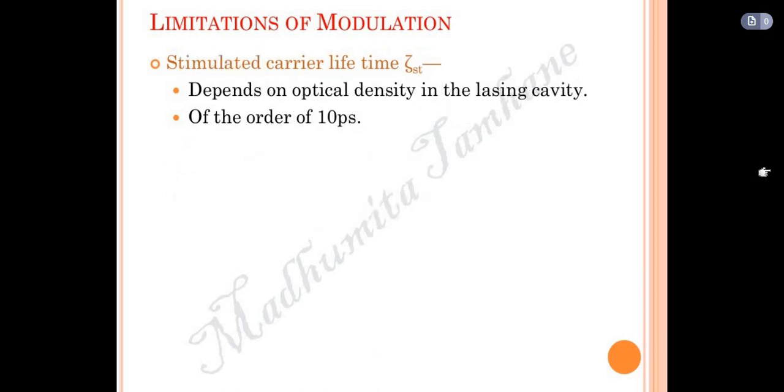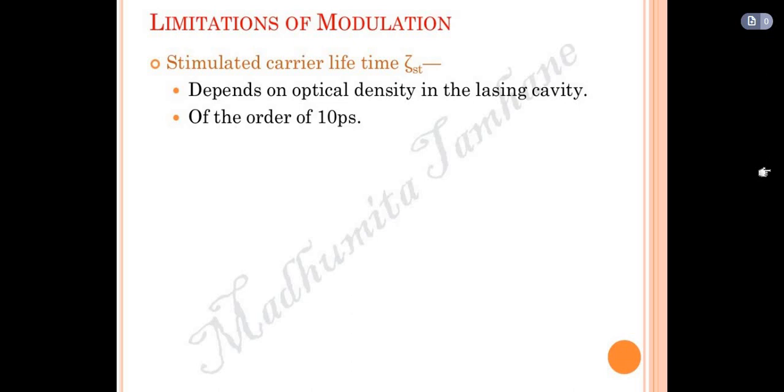The next is the stimulated carrier lifetime. That also has some limitations. It depends upon the optical density in the lasing cavity, and it should be of the order of 10 picoseconds. Whatever lasing action we are putting in, that is also going to determine the stimulated carrier lifetime, tau of ST, which depends on the optical density in the lasing action, right?